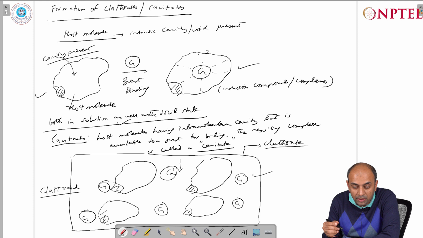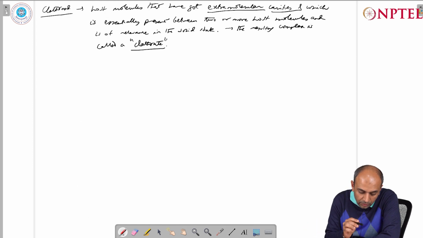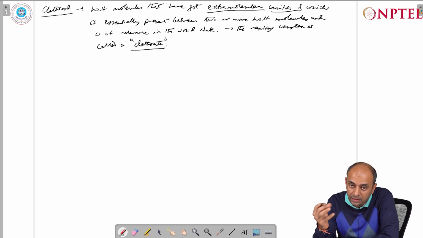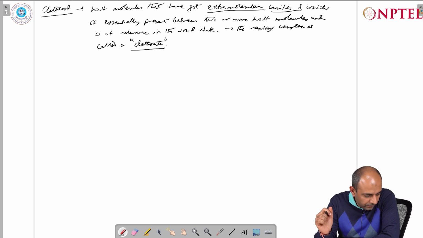And we already discussed in the previous lecture, we gave you an example of a chlorine hydrate, which is an example of a clathrate. So depending upon the association between the host and the guest, that is whether the guest occupies the cavity within the host or whether it occupies the extramolecular cavity, we can have either the cavitate or the clathrate formation takes place.